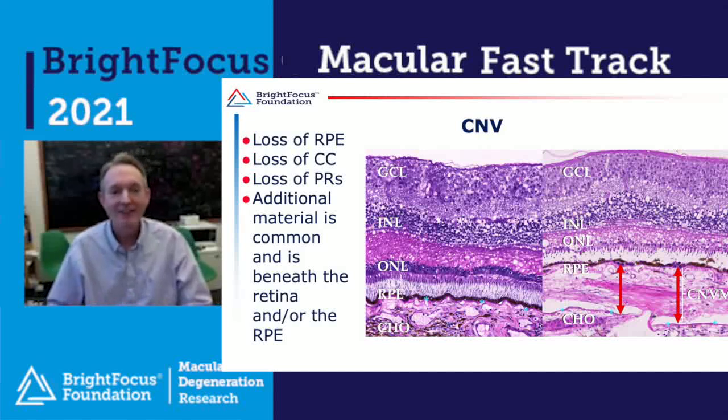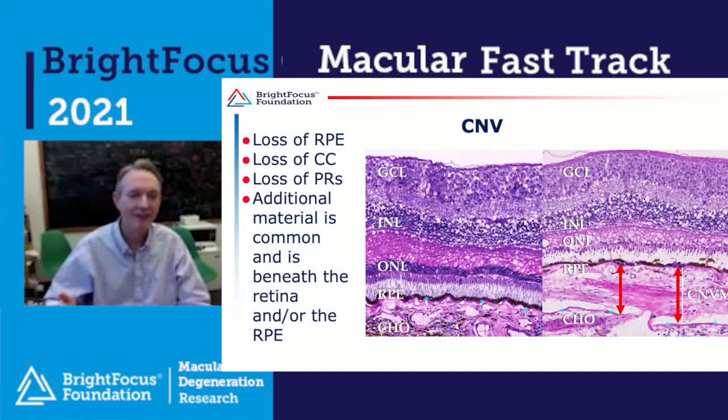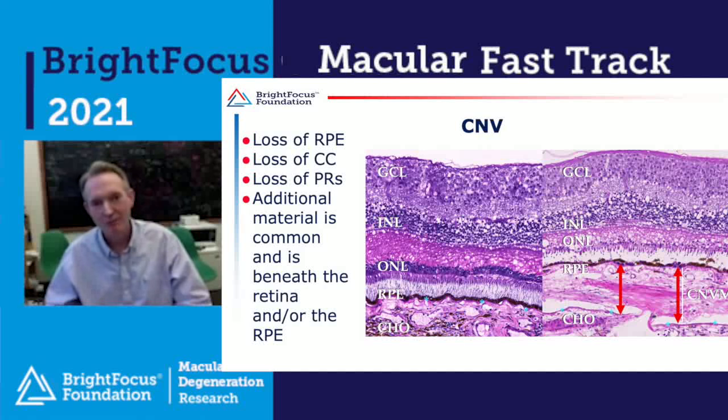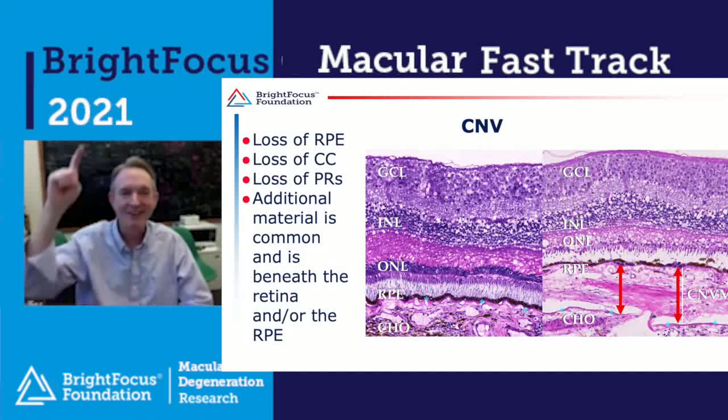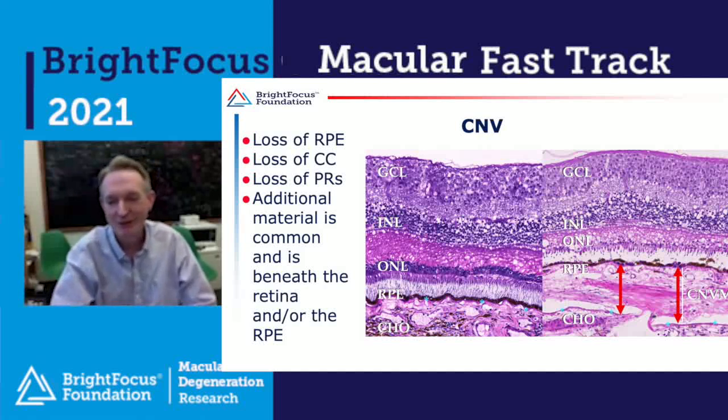Like geographic atrophy, in CNV, there's loss of RPE, there's loss of choriocapillaris, there's loss of photoreceptors, but it's common to see additional material that doesn't belong in a normal retina. As you're going through and enumerating the layers of the retina, there shouldn't be this fibrotic stuff above Bruch's membrane.